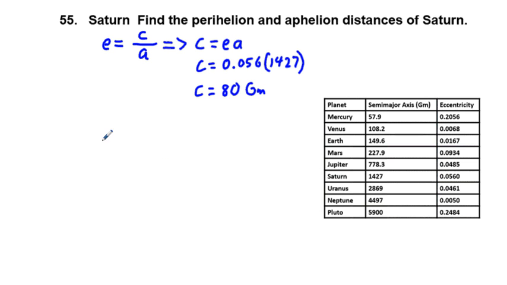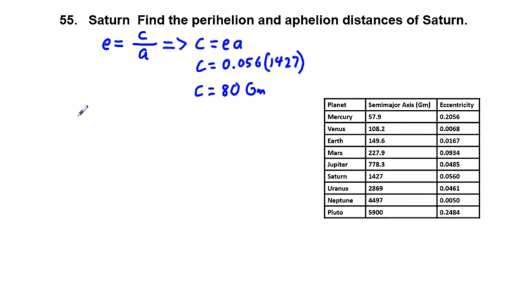And so our perihelion is going to be our closest distance, and that's going to be 1,427 minus 80.